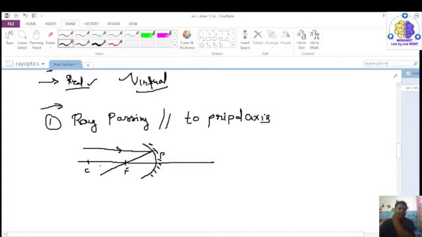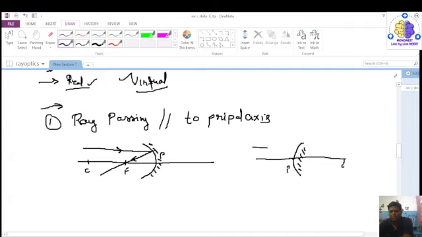So whenever a light ray is traveling parallel to the principal axis, whether it is a concave mirror or a convex mirror, the light ray after reflection will always pass through the focus, right? So this is for a concave mirror. Let me draw for the convex mirror as well. This is for the convex mirror. This is your pole. Center of curvature will be somewhere here.